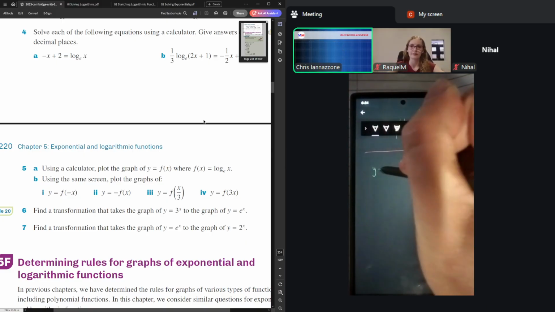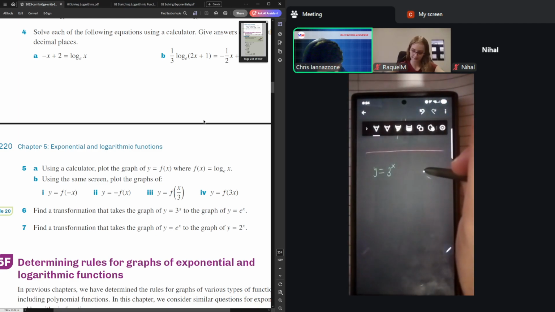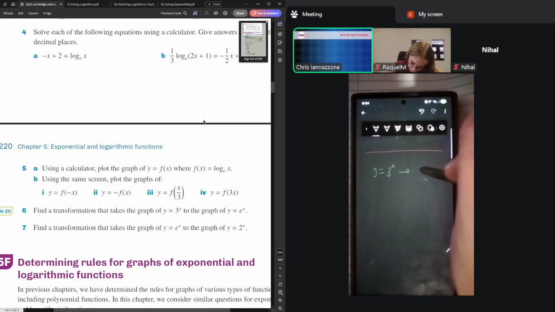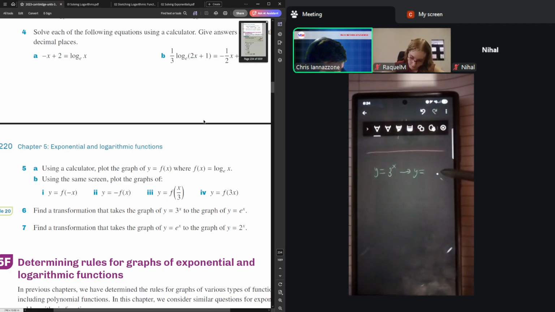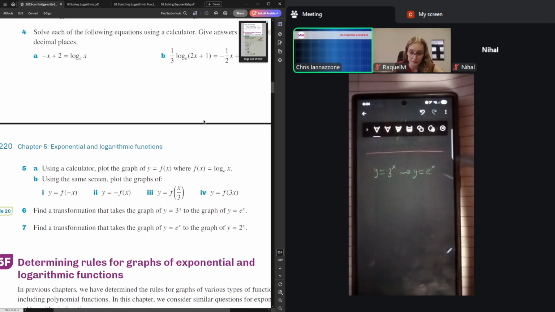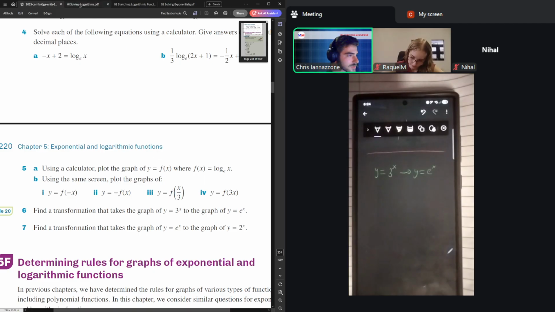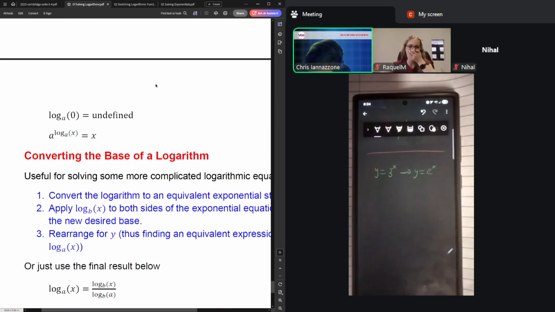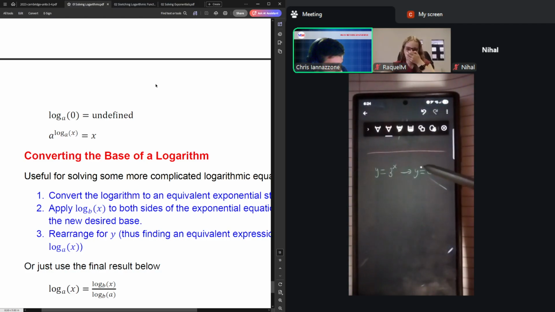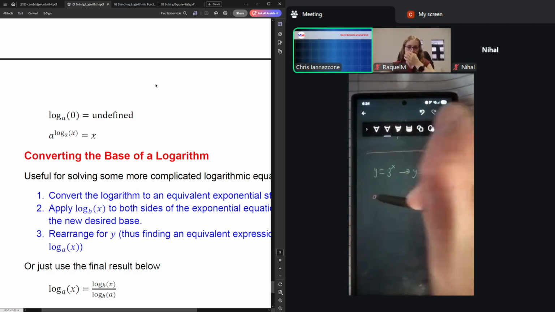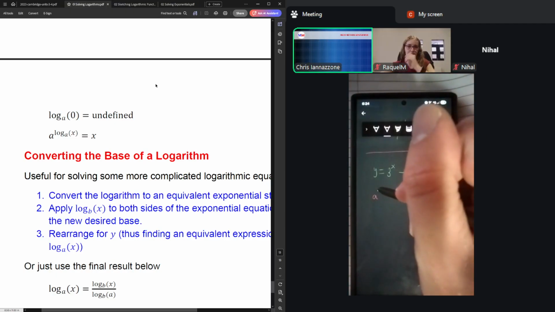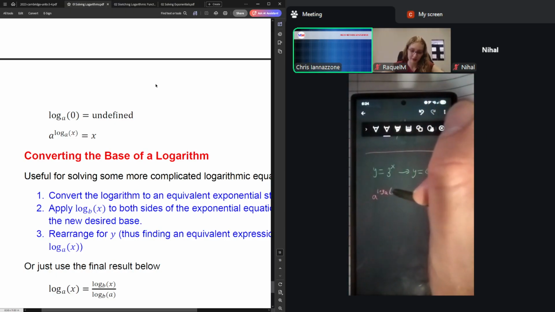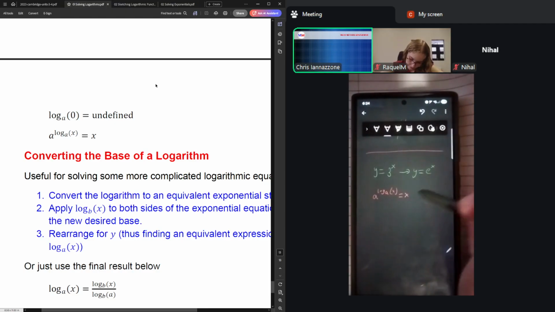So we want to go from y equals 3 to the x, and we want to convert it to y equals e to the x. And what I'll do is I'll write, just so we can all have it on the same page, the thing that we should be using, which is a to the x is equal to e to the x log a.